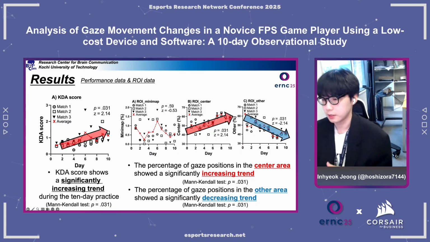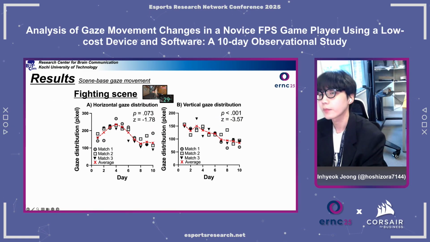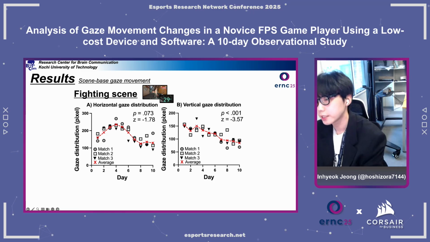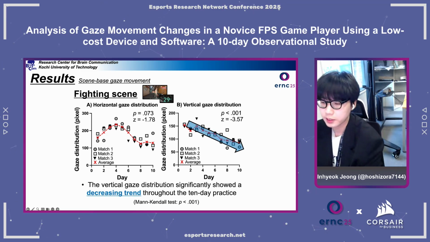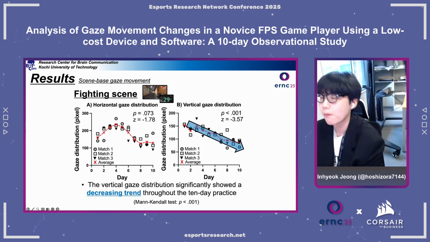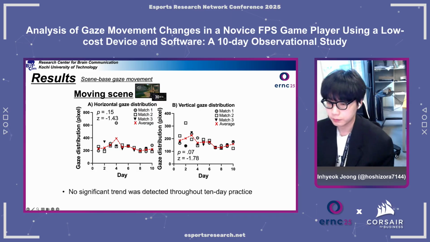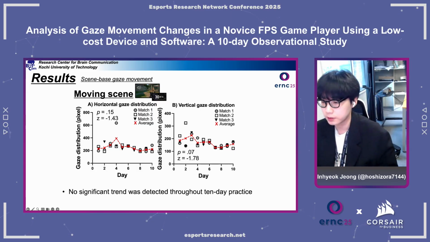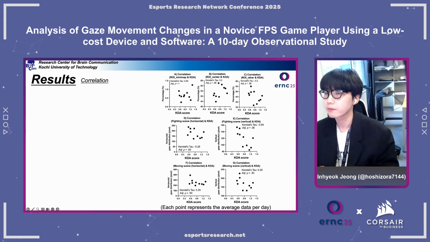In contrast, the percentage of gaze position in the other area showed a significantly decreasing trend. And in the fighting scene, the vertical gaze distribution showed a significantly decreasing trend throughout the 10 days of practice. But in the moving scene, no significant trend was detected throughout the 10 days of practice.